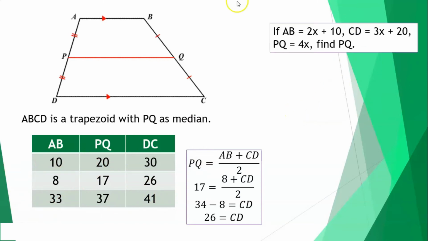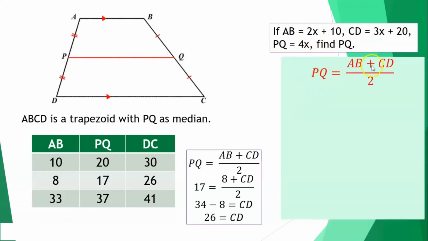Okay, another. Now, if A to B is 2x plus 10, C to D is 3x plus 20, and PQ here is given as 4x, how long is PQ? Now, take note, PQ is AB plus CD divided by 2. Now, substituting, this is 4x, our AB is 2x plus 10, and our CD is 3x plus 20.